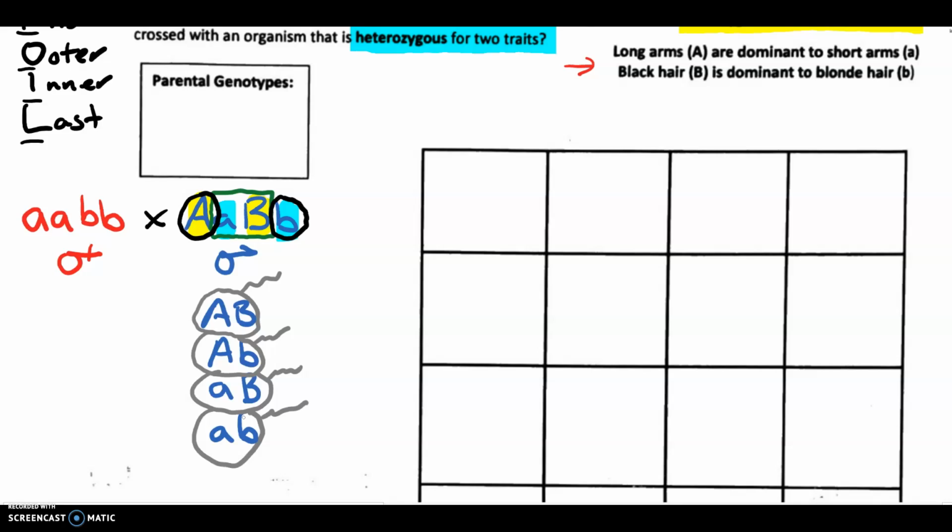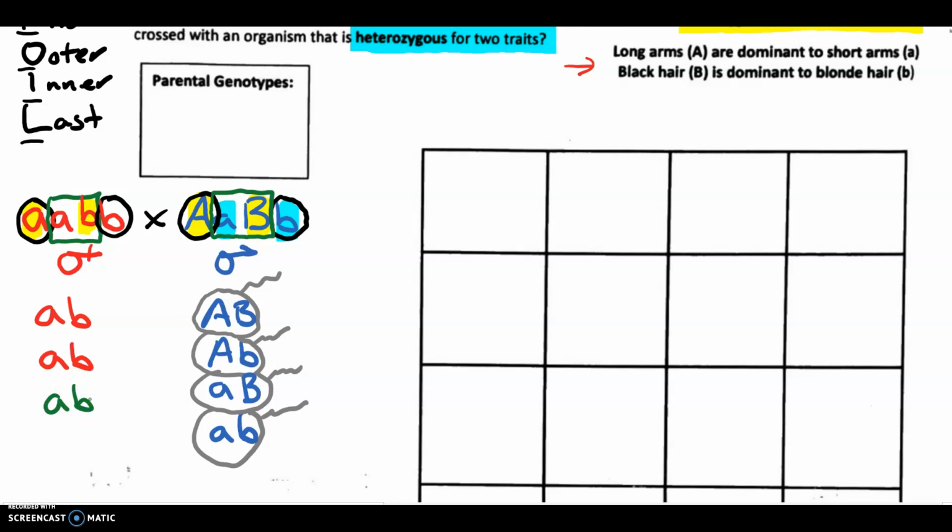Now we're going to do the same thing for the female sex cells. The first are going to be little a, little b. The outers are going to be also little a, little b. The inners are going to be little a, little b.